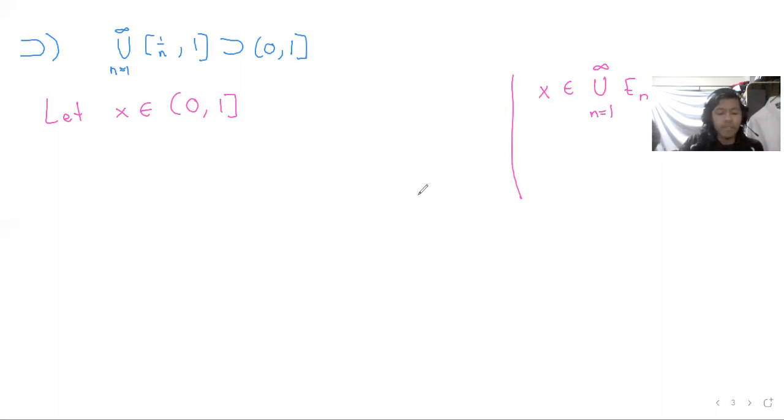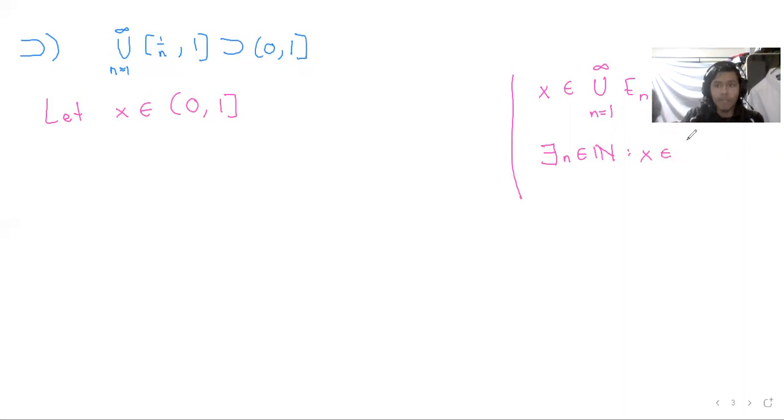To write an equivalent, as we saw in the previous one, that would mean that there would need to be an n in naturals such that x exists within that interval 1 over n to 1. And we'll just rewrite this part as x is greater than or equal to 1 over n and less than or equal to 1.